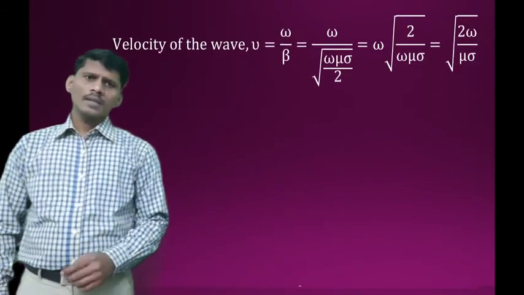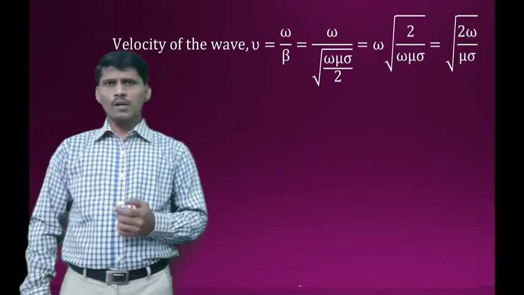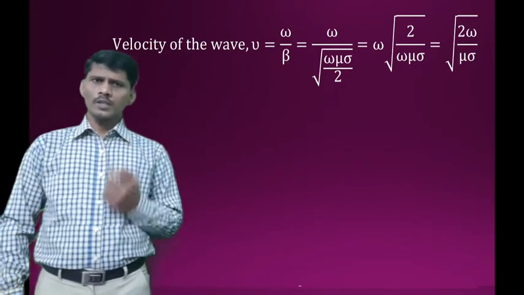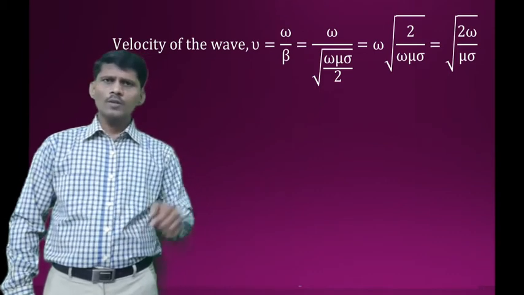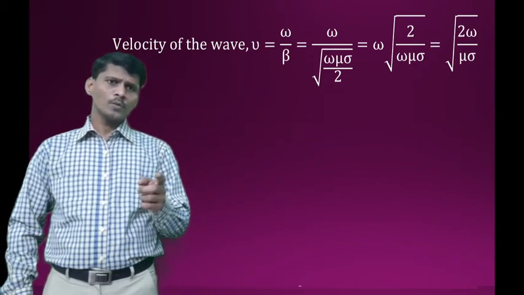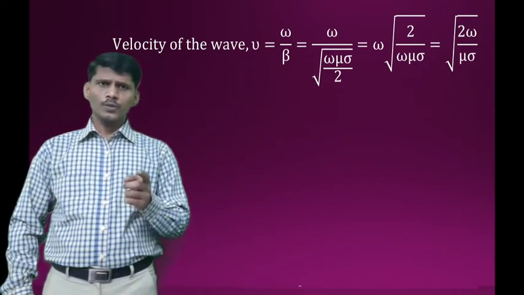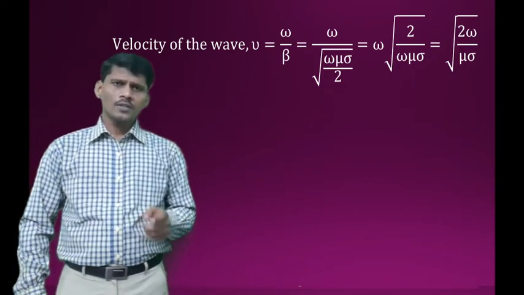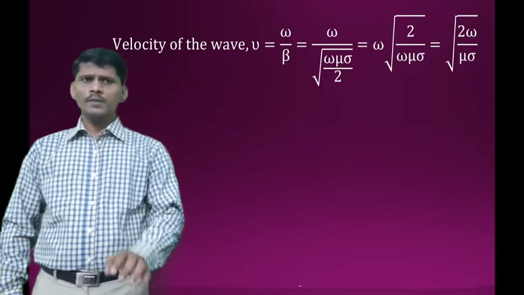At the same time, calculating the velocity of the wave: we know that the wave velocity v is equal to omega by beta, but beta is equal to square root of omega mu sigma by 2. Substituting the beta value, we finally get the wave velocity expression as square root of 2 omega by mu sigma.